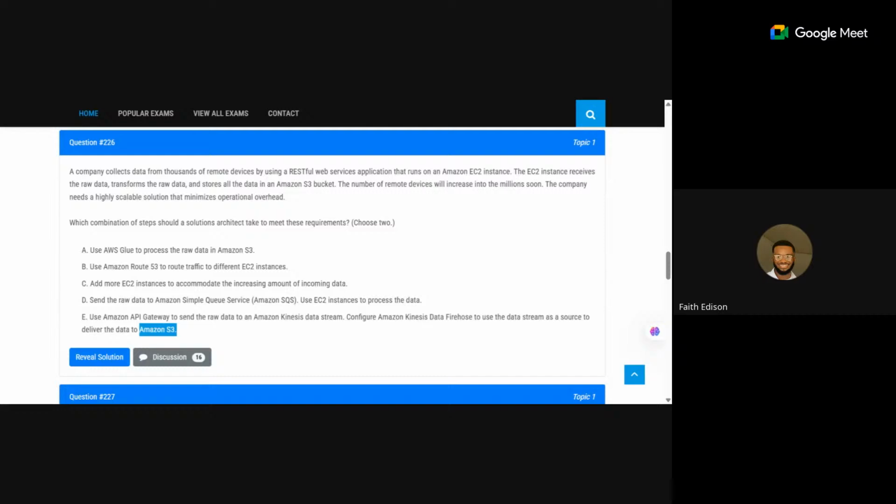Okay. It's similar to data stream, but with Kinesis data stream you can actually do workloads on the incoming data, whereas this one is just point and send.